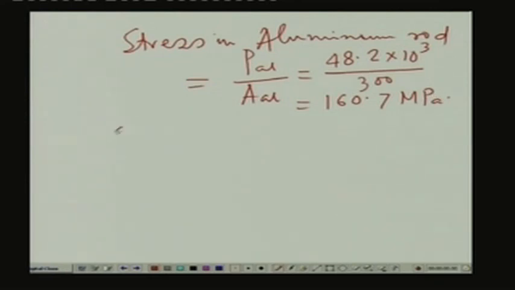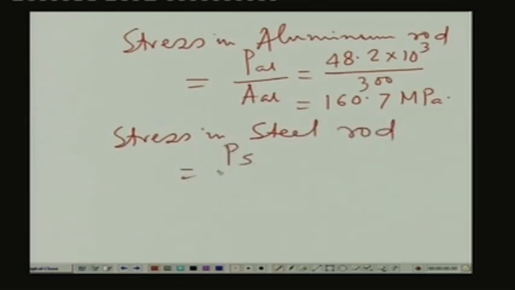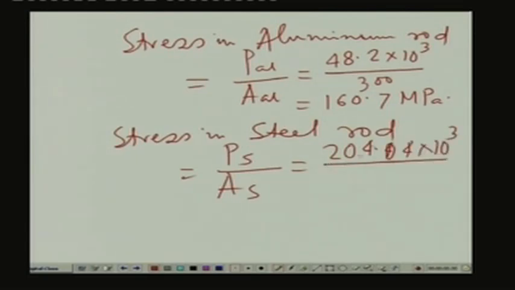And the stress in the steel rod equals P steel by area of steel, which equals 204.04 times 10 to the power 3 Newton, divided by 500, and this comes as 408.08 MPa.